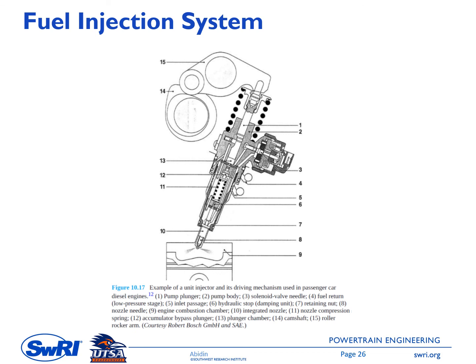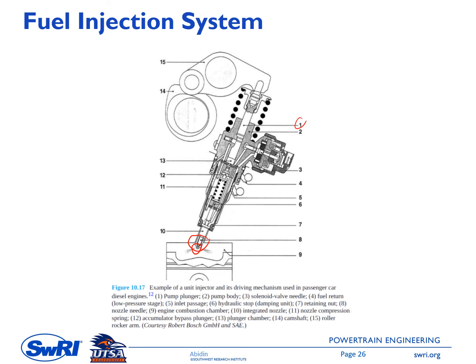This is showing the cutaway of a diesel injector, and you can see several main components here. For example, number 8 here is the nozzle needle, and the nozzle tip will be somewhere here. Number 1 here is the pump plunger.